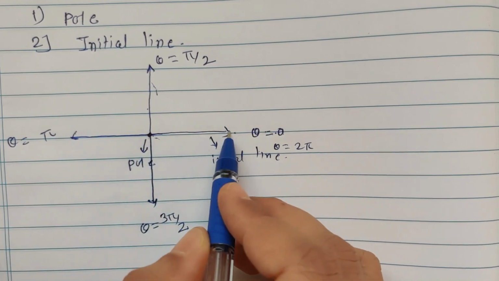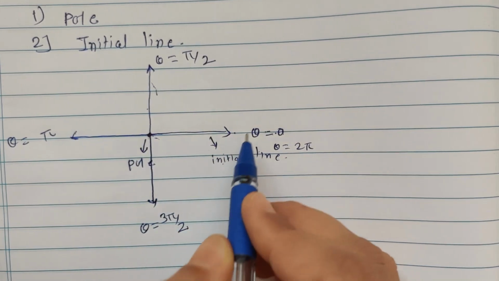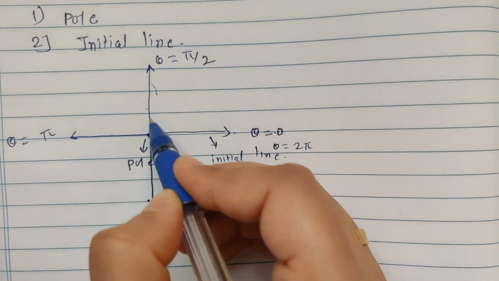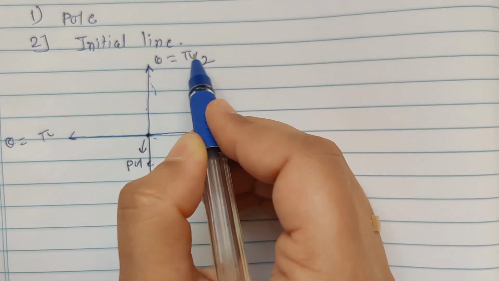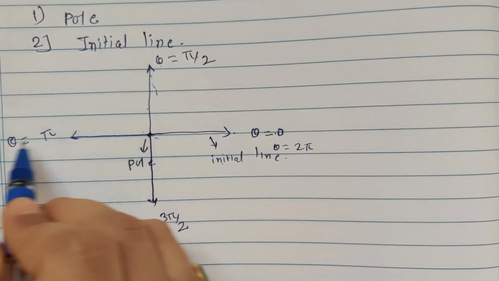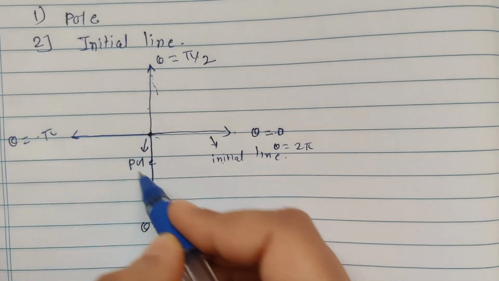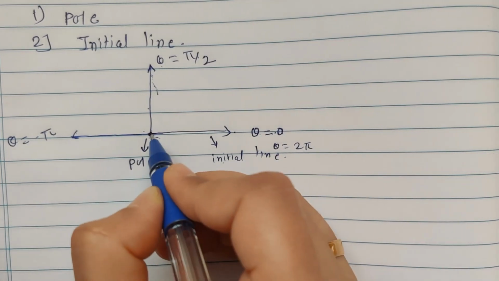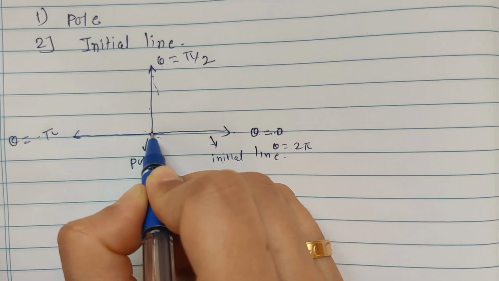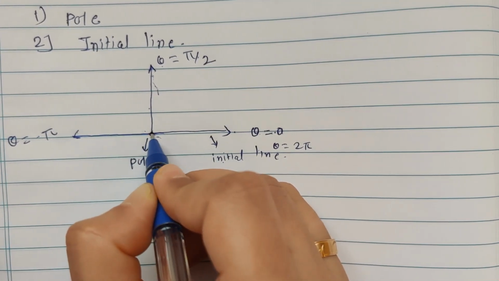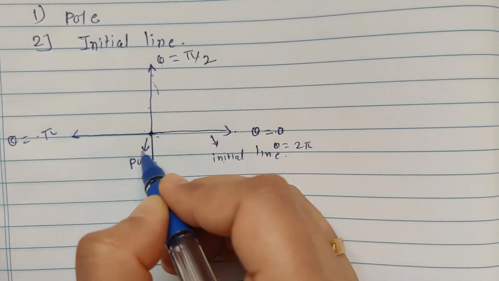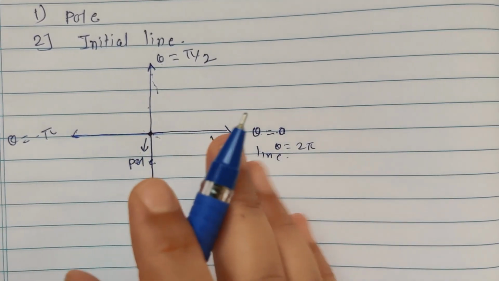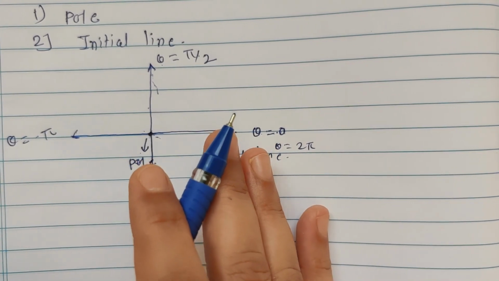So don't say this is the x-axis, say this is the initial line with theta equal to 0. This is the line theta equal to pi by 2. This is the line theta equal to pi, and similarly this is the line theta equal to 3 pi by 2. Also, in the Cartesian system we say this point is the origin, but here we have to say this is the pole. So while tracing you have to keep these things in mind. Thank you.